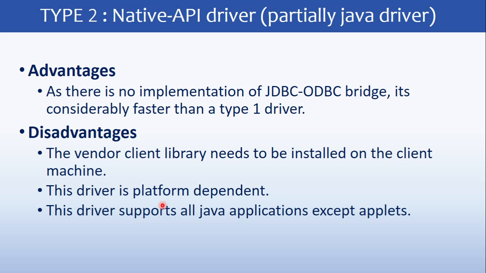There is no platform independence in type 2 driver. The third disadvantage is that these drivers support all Java applications except applets. It means that type 2 native API drivers are suitable for standalone applications only, but not suitable for web applications or distributed applications.